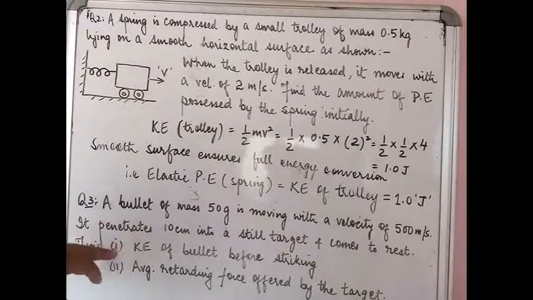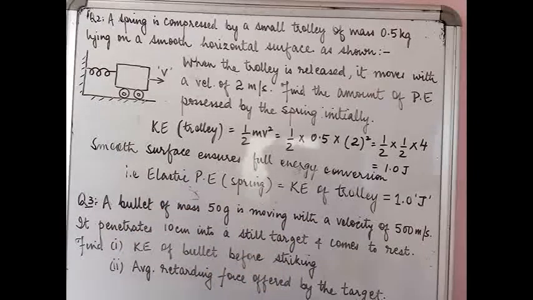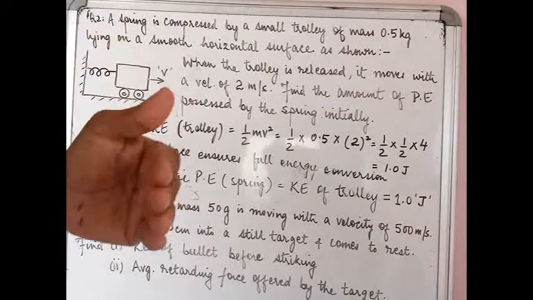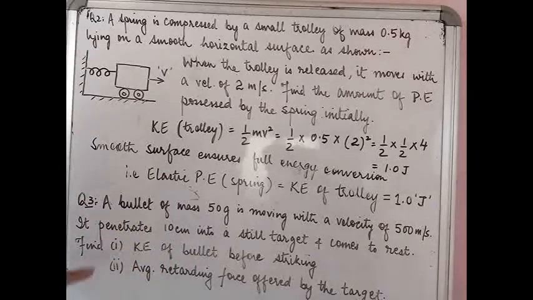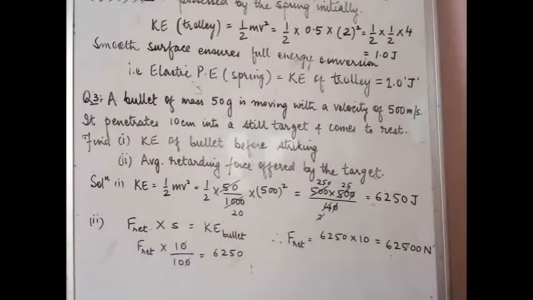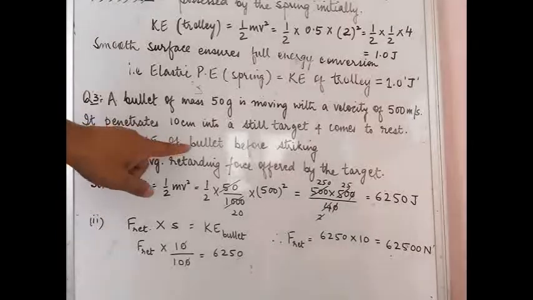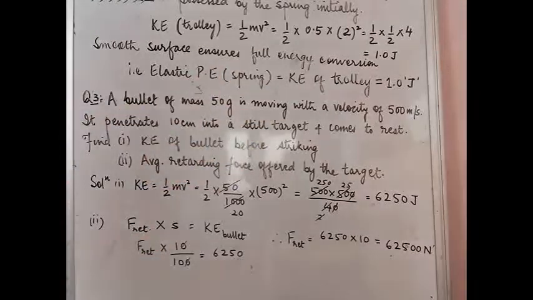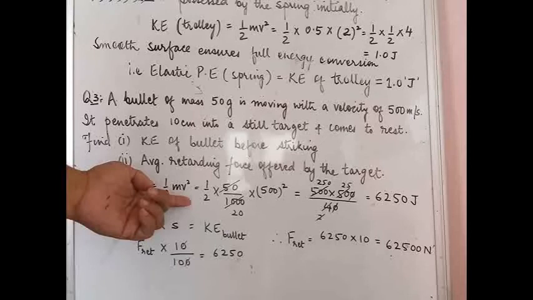Now find number 1, the kinetic energy of the bullet before striking. Before it actually struck the target, we are supposed to find out the kinetic energy. Before striking there was no resistive force, so kinetic energy simply has the formula half mv square.